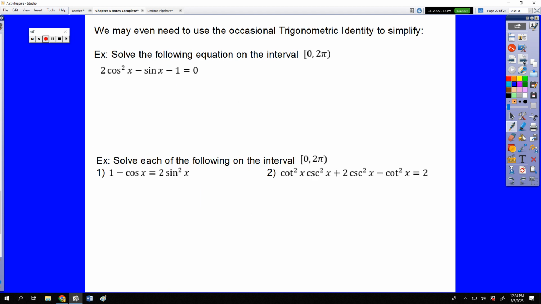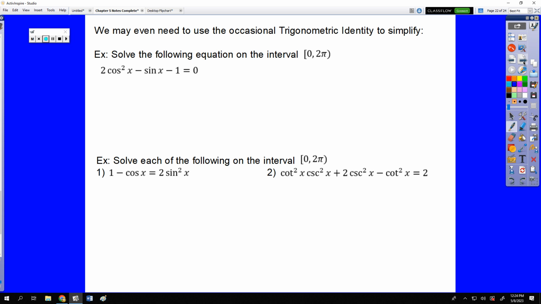Another thing we're going to occasionally need to do is use our trig identities. In most cases, what we're using are the Pythagorean identities. So when we look at this first equation on this page, we notice that there are two different trig functions, a cosine and a sine.